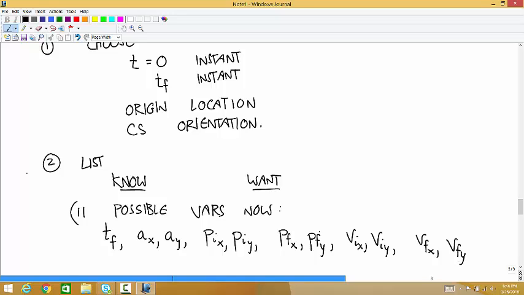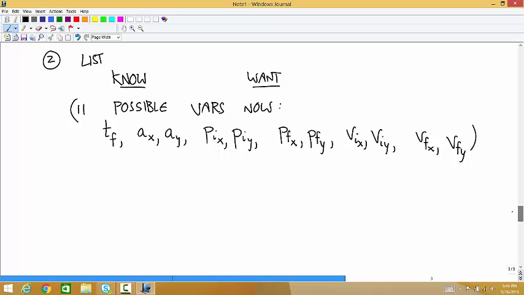So 2, 4, 6, 8, 10, 11. So this process takes a little longer now. But the goal is the same.